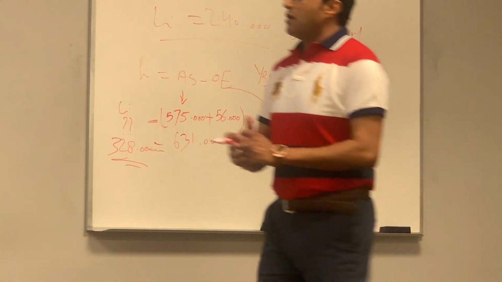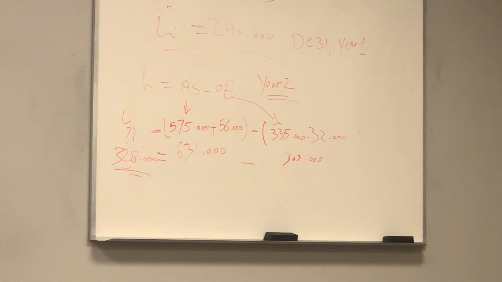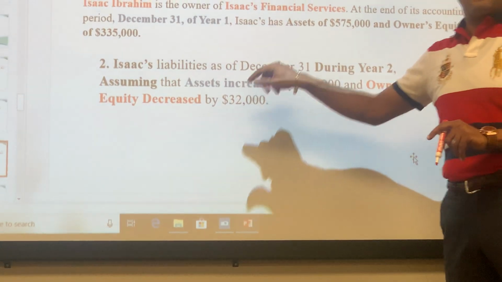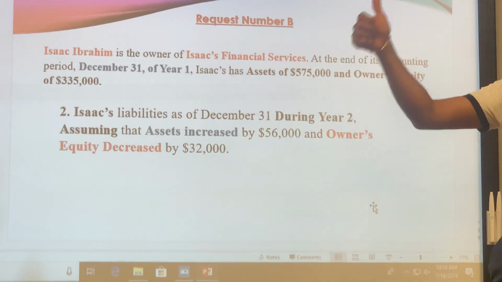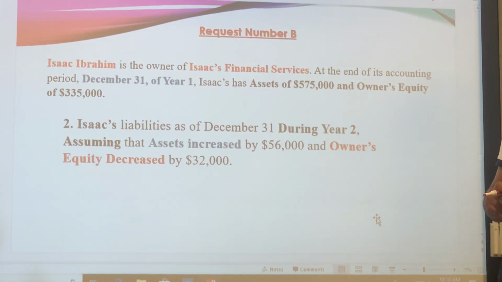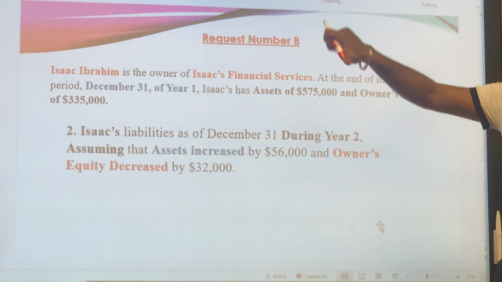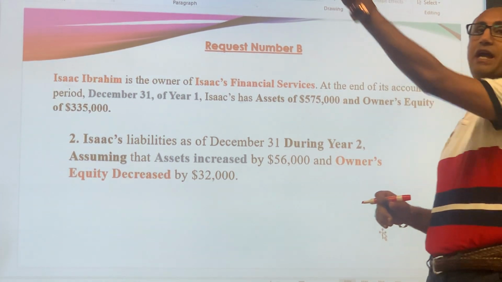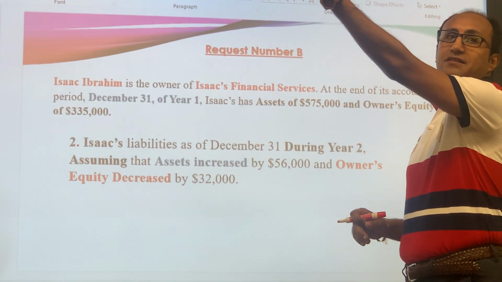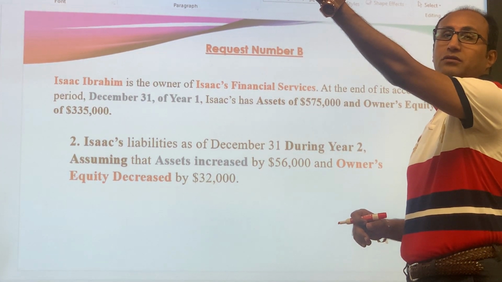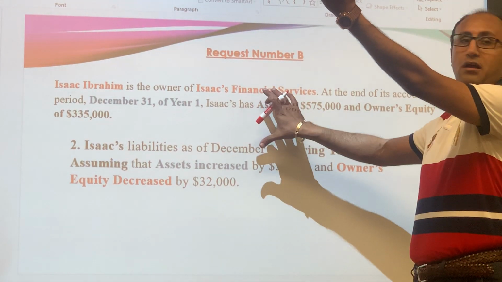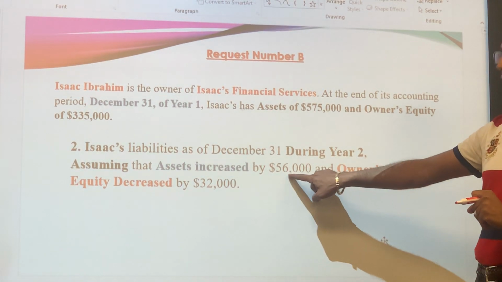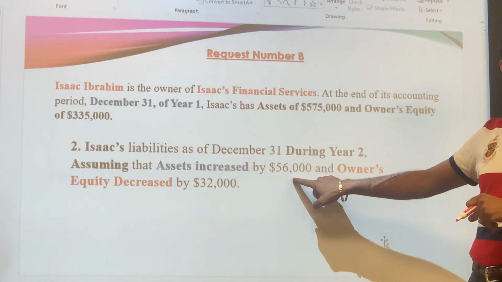Because here we are missing liabilities in year 2, but he gave us: assuming assets increase by $56,000 and at the same time owner equity decreased by $32,000. So I have to count the original assets amount and add the $56,000.